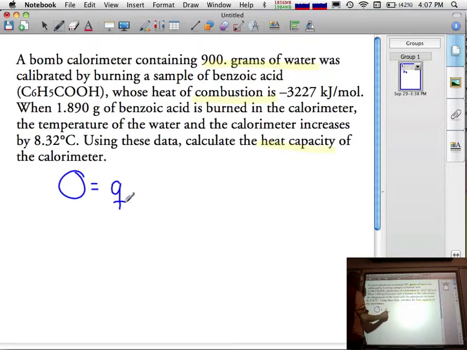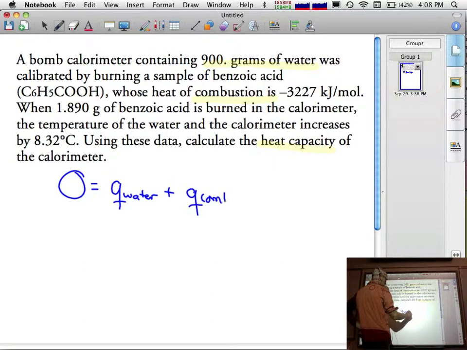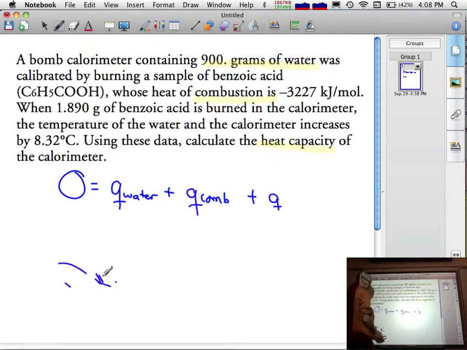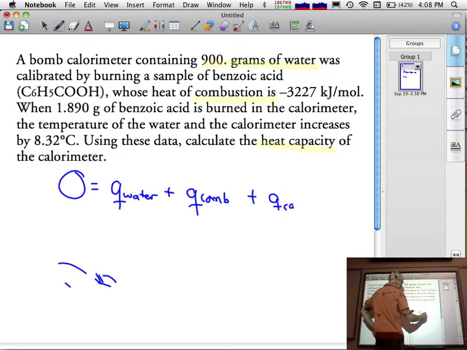One of them is just going to be the water heating up. One is going to be the Q combustion reaction that we have at work here, burning benzoic acid. And the last thing is going to be the heat that the calorimeter is absorbing, which is indirectly one of the things that we're going to end up finding. So Q calorimeter.